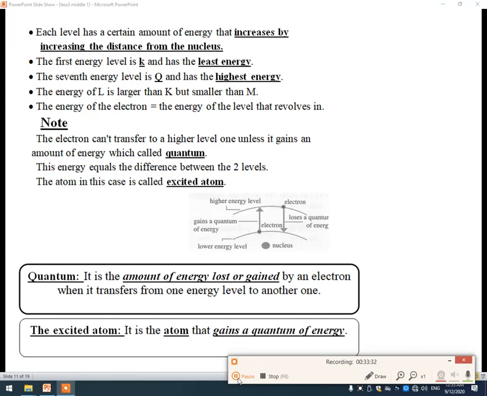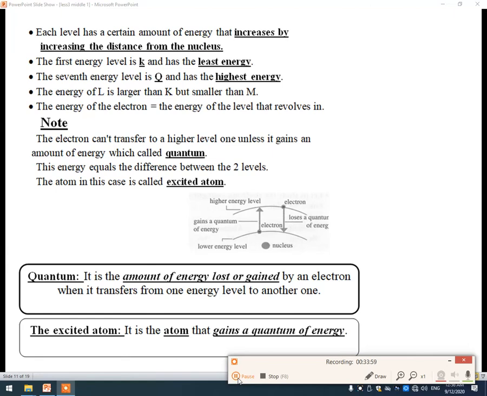The electron can't transfer to a higher level unless it gains an amount of energy, and this energy is called quantum. Again, for example, if I am an electron and I have energy 5 joules, for sure I will move in the energy level that has 5 joules.